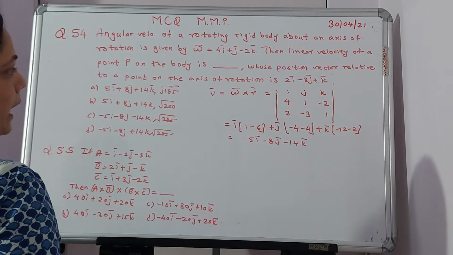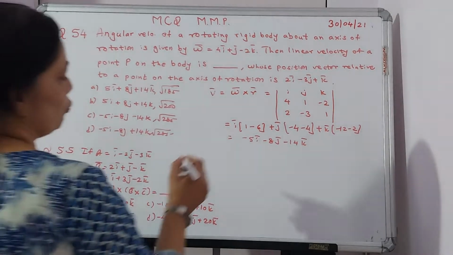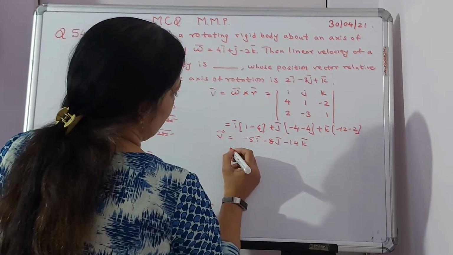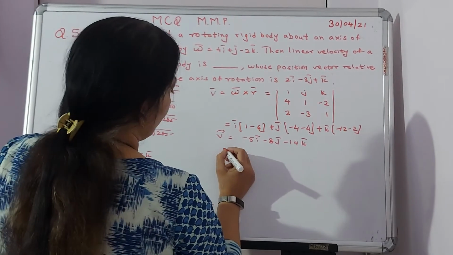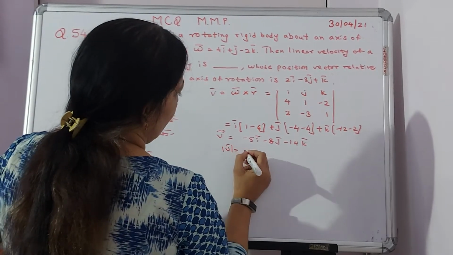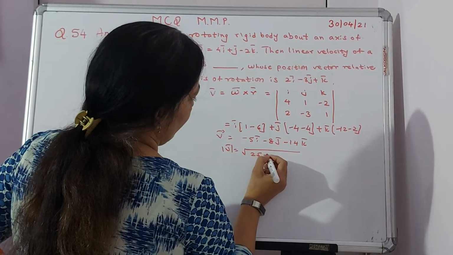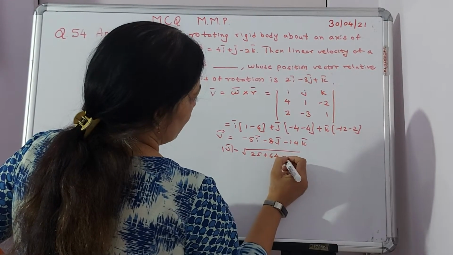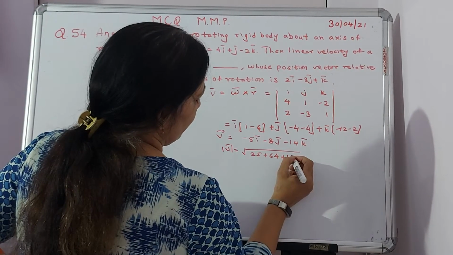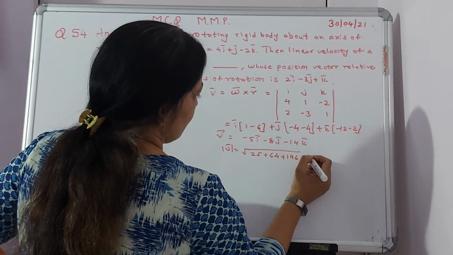And along with that I need to find even the magnitude also. So once I get my V, I can find out the magnitude by doing under root 5 square will be 25, 8 square will be 64 and 14 square will be 196, right.